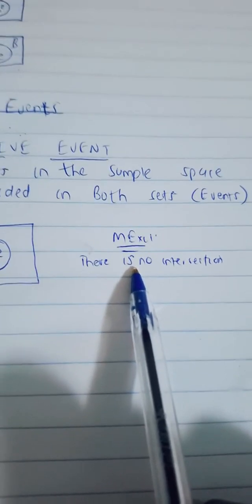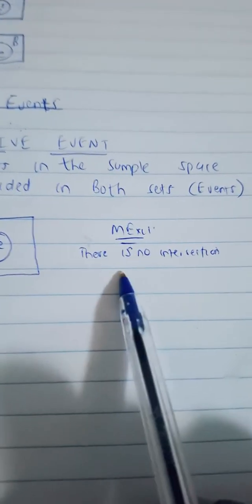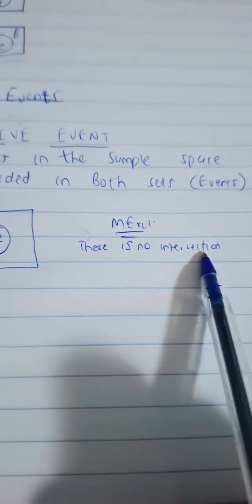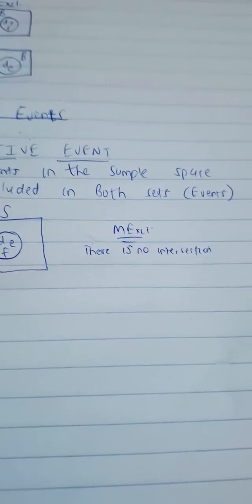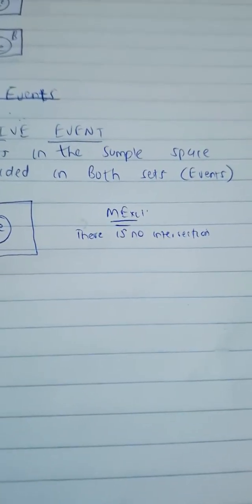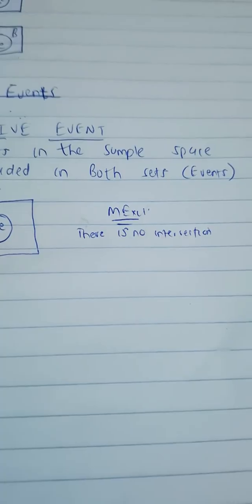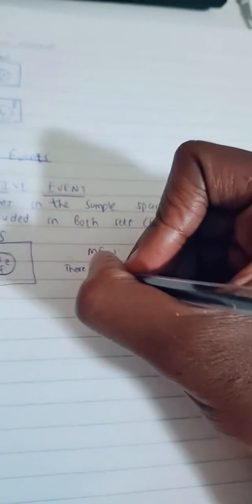Okay, I highlighted it with green when I was indicating why it is mutually exclusive. Yes, there's no intersection, but for probability, we say that the probability of what and what is what. The probability of A and B.